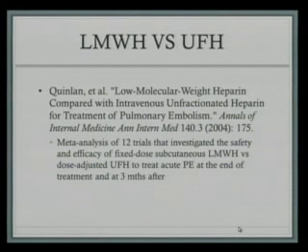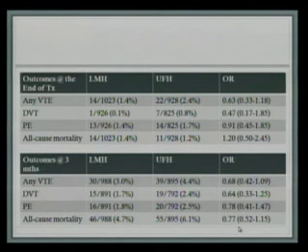Quinlan also did a meta-analysis, but he did it a little bit later than Gold, and he looked at pulmonary embolism at the end of treatment and those that had pulmonary embolism at the end of the treatment and 3 months after. And what he saw was that there is a decreased rate in the overall thromboembolism between low molecular weight and unfractionated heparin at the end of the treatment, as well as at 3 months.